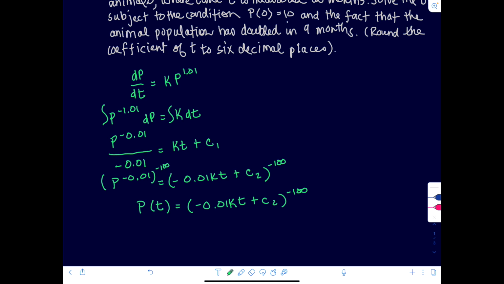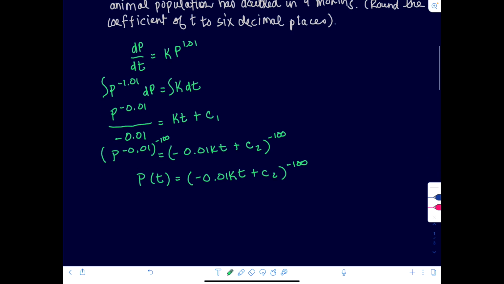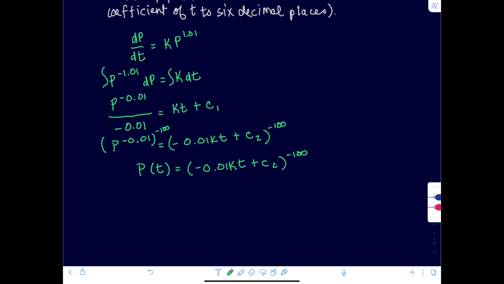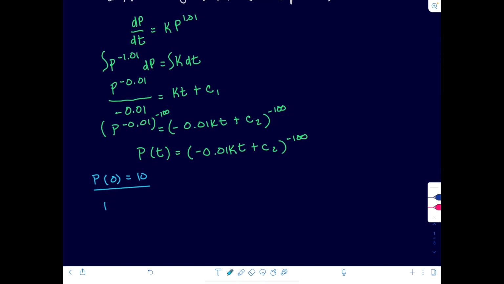Cool so far? All right, so now we have to use the conditions that we've been given, these initial conditions. So we were given that P at 0 is equal to 10. When we apply this, we'll put 10 in for P at t and 0 in for t. So we will get negative 0.01 k times 0 plus c2, and then all of that's raised to the negative 100.